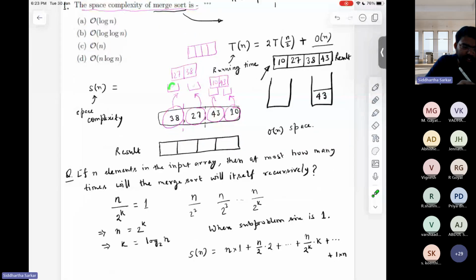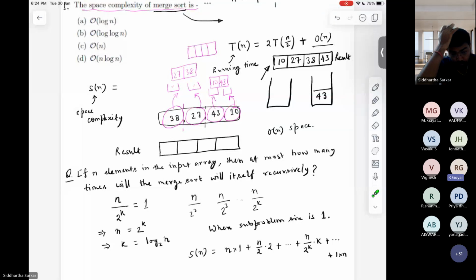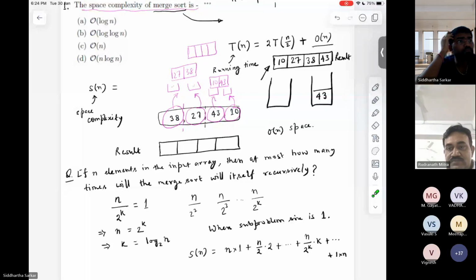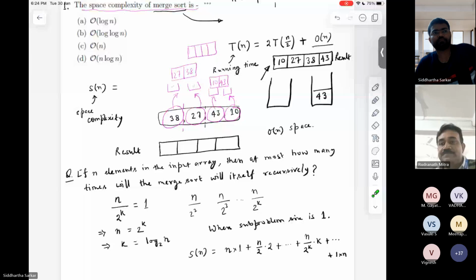But additionally, each subproblem is giving rise to an auxiliary array of the size equal to the subproblem. Yes, and that can be reused. No, that cannot be reused, because we are not doing things on the fly. We are explicitly storing these values somewhere in an array. So we would be requiring an additional space of the order of n.